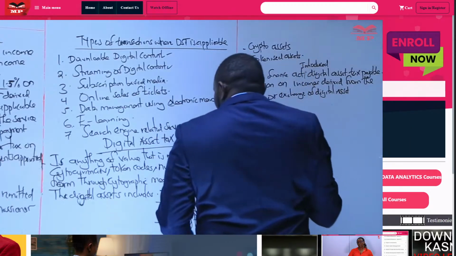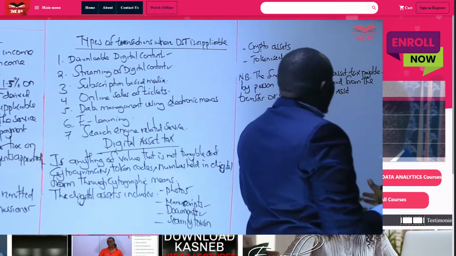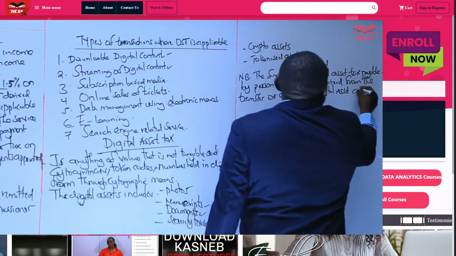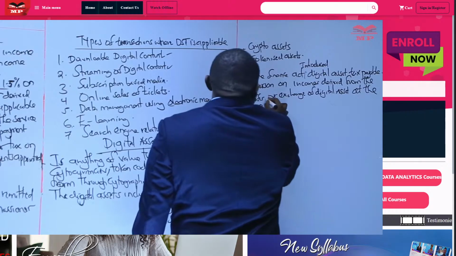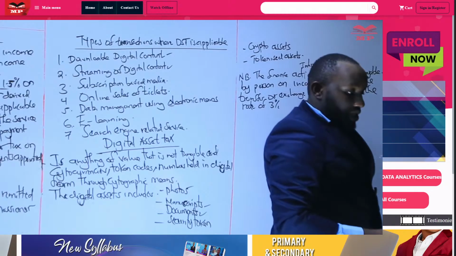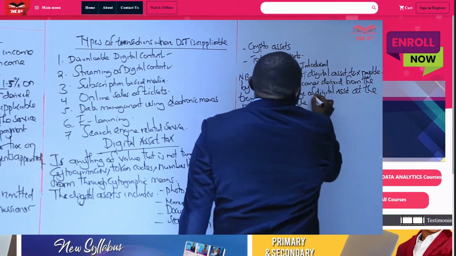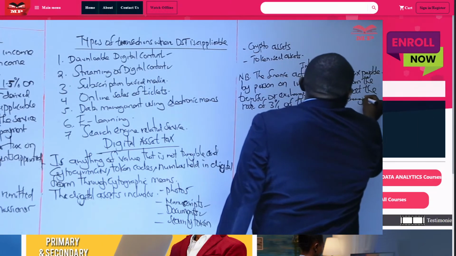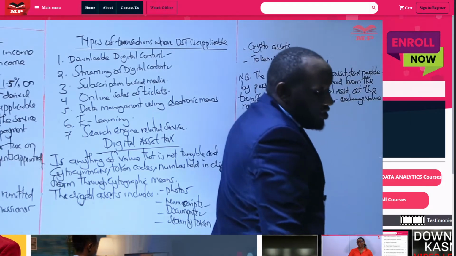And we know digital assets include photos, manuscripts, documents, security tokens. The tax is at the rate of 3% of the transfer or exchange value.